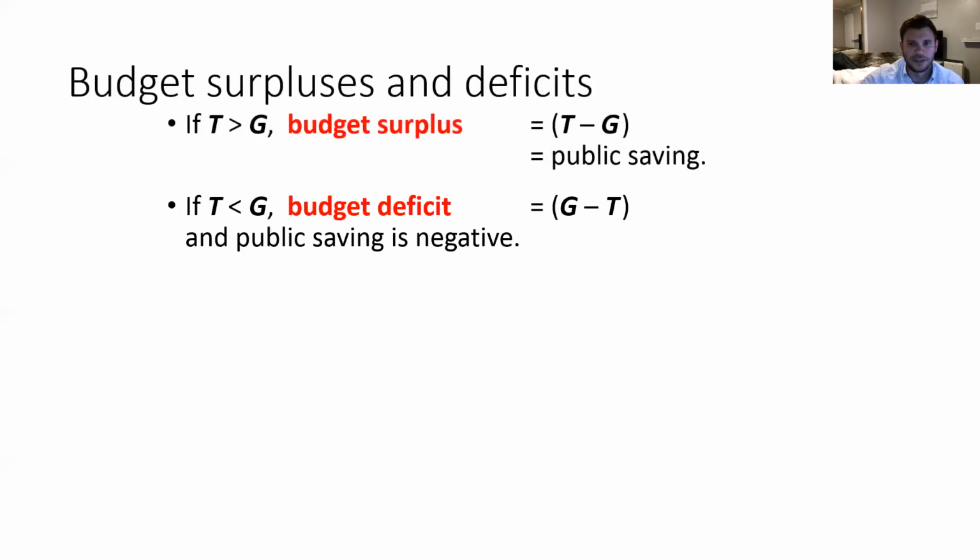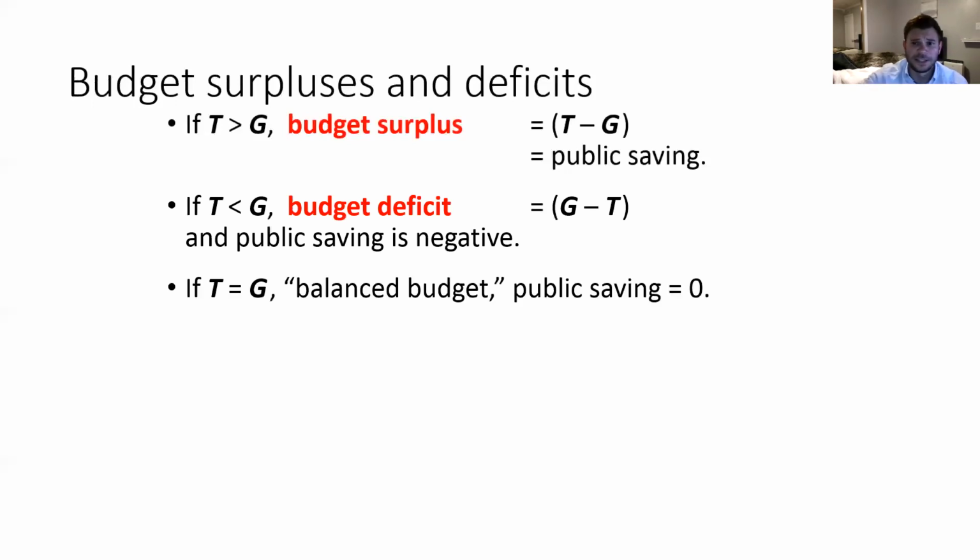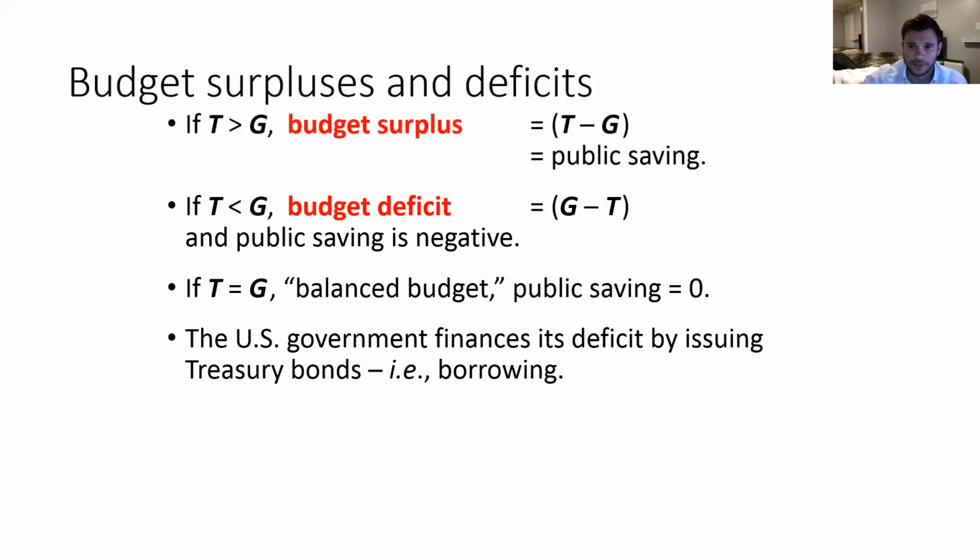Budget deficits tend to be the norm, whereby the government is spending in excess of the amount of taxes collected, and typically this is financed through bond sales. And in the event T is exactly equal to G, we refer to this situation as a balanced budget, in which case private savings is equal to zero, such that all of the national savings is accounted for by public savings only.